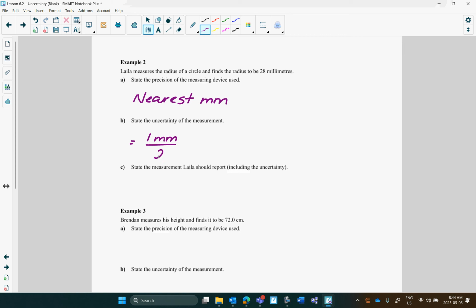So therefore, the precision is 1 millimeter. Divide by 2, which is 0.5 millimeters. That's the uncertainty. Which means, and here's how you would write your final answer, it could be 0.5 millimeters above or 0.5 millimeters below.